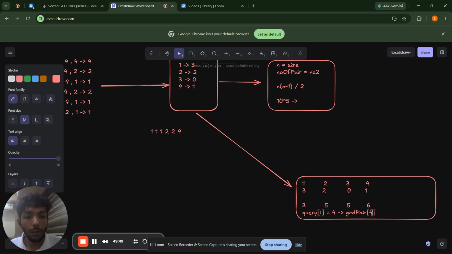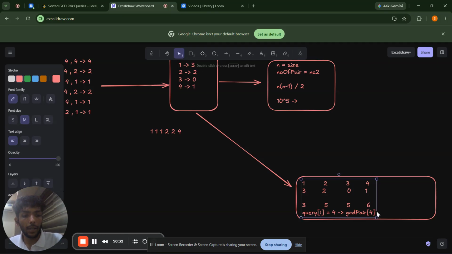So definitely for the fourth one, GCD cannot be 1, because if its GCD was to be 1, here it should be 4. And when we moved from 1 to 2, we saw that the frequency increased from 3 to 5. It means that previously there were 3 pairs whose GCD was less than or equal to 1, but now it changed to 5. It means there was an addition of 2 pairs whose GCD was 2. So we can say that for the pairs 4 and 5, the GCD is 2.